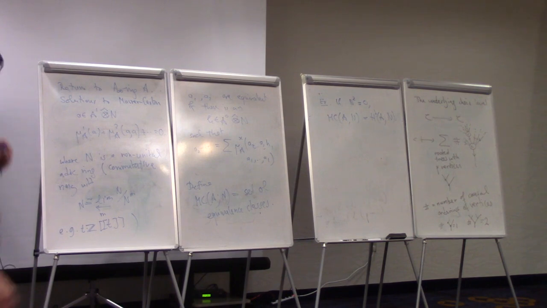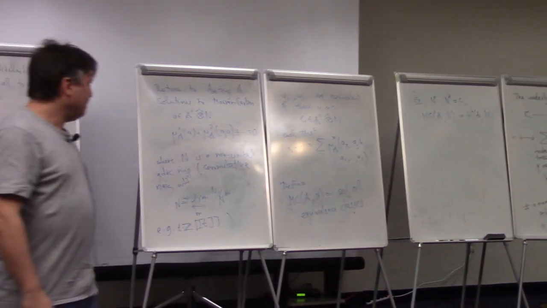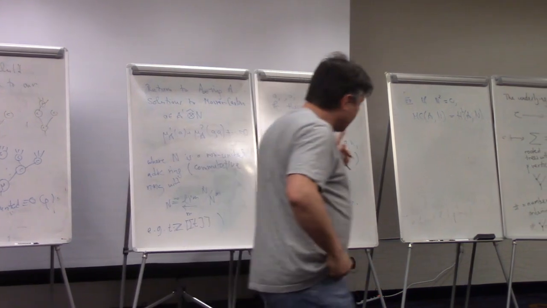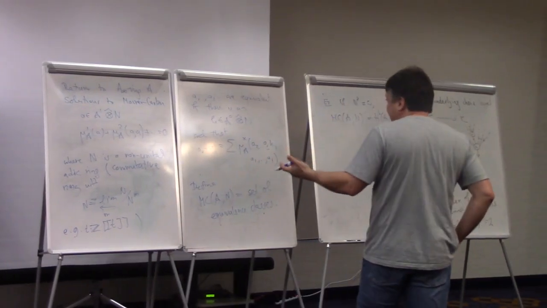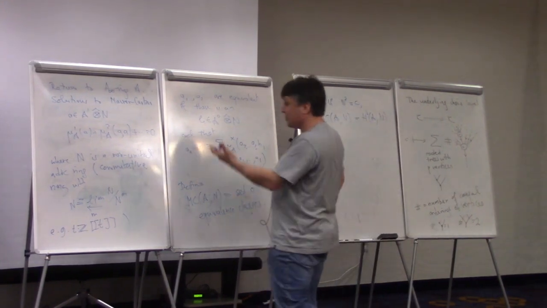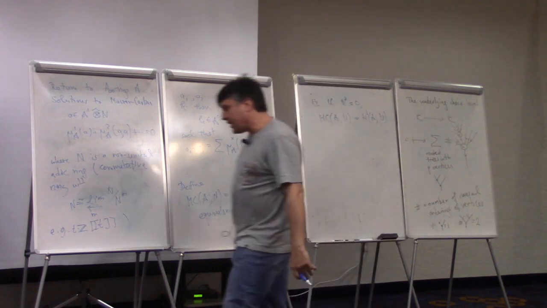So the question is, this is some kind of deformation theory. The deformation theory of what exactly? Well, it's not the deformation theory of A as an A infinity algebra, because there's not enough structure here. What it is you can think of as follows.